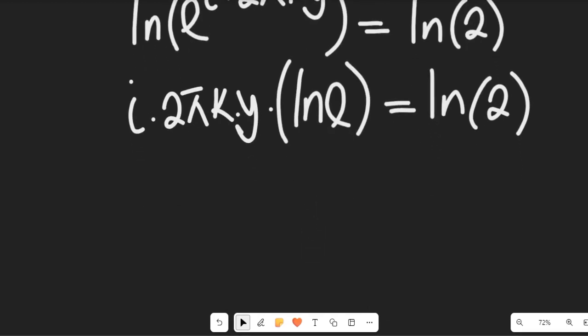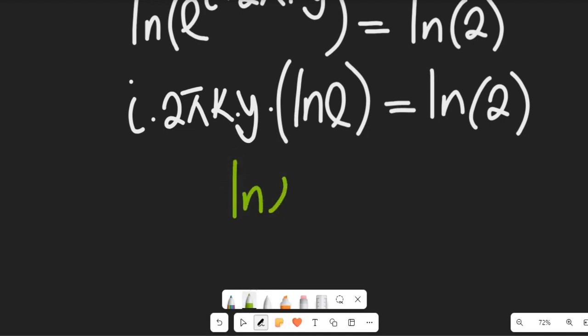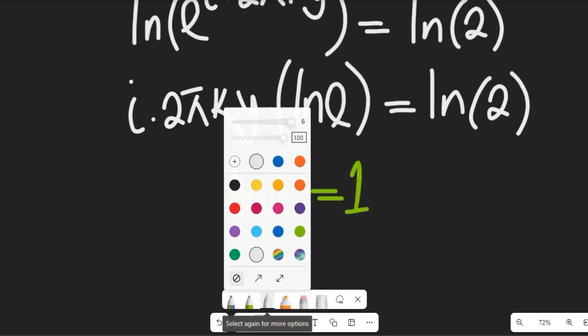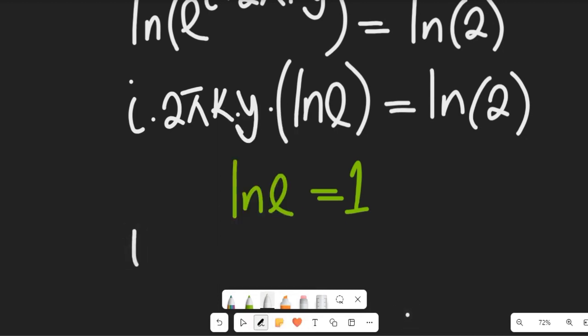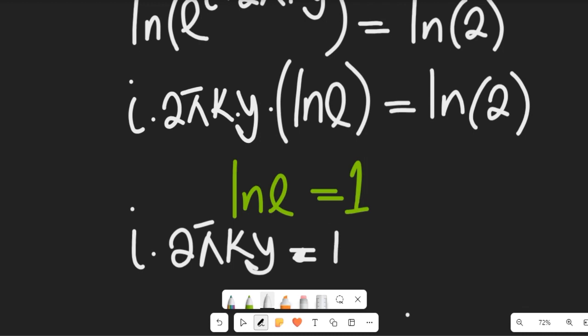Now the natural log of e, remember, is equal to 1. So if we apply that over here, we're now going to have i multiplied by 2 pi k y to be equal to, multiplying by 1, which is the value for ln of e, and this will be equal to the natural log of 2, right?